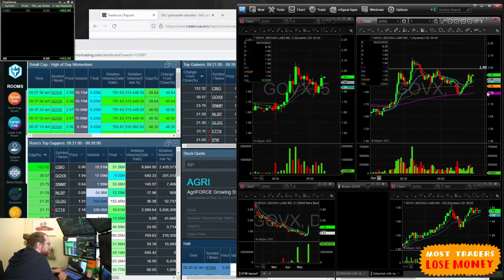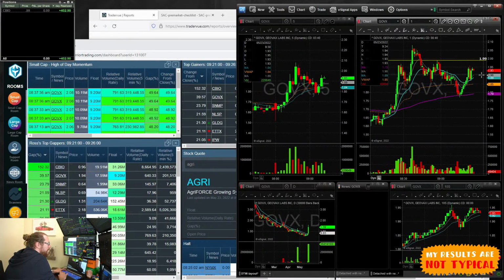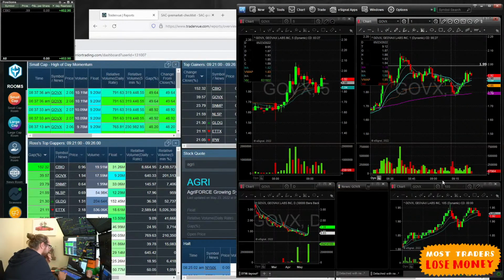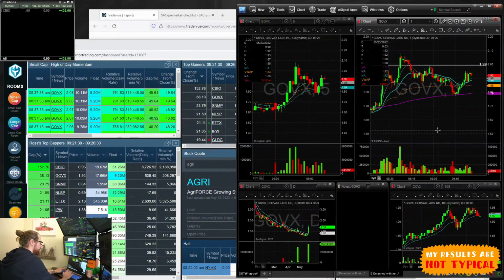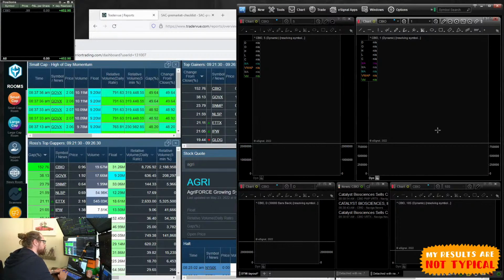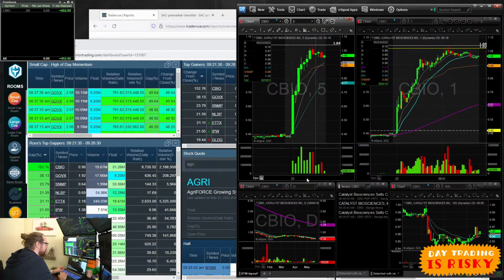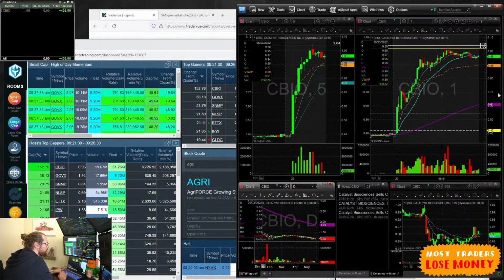So you could see on GovX, the pattern that you've got here, it hit a high of 96 and then an 8-cent red candle back down to 88. Bounced back up here, so you're sort of in a little bit of a 1-minute ABCD pattern. Not perfect. CBIO, because it's up 153%, I feel like it's probably worth watching a bit more closely.